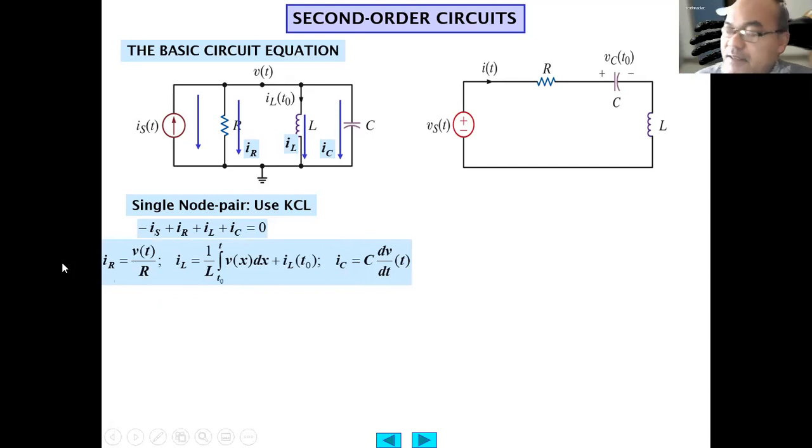After that, we use the respective laws for each component to express the current.